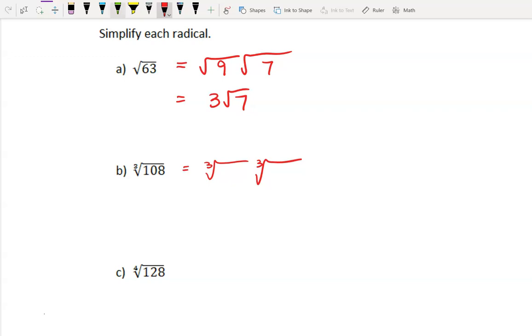What are my perfect cubes? 8, 27, 64, 125. Too big. Does 64 go in? No. It's one of those two. Which one is it? It's 27. It goes in 4 times. That means this is 3 cube root of 4.